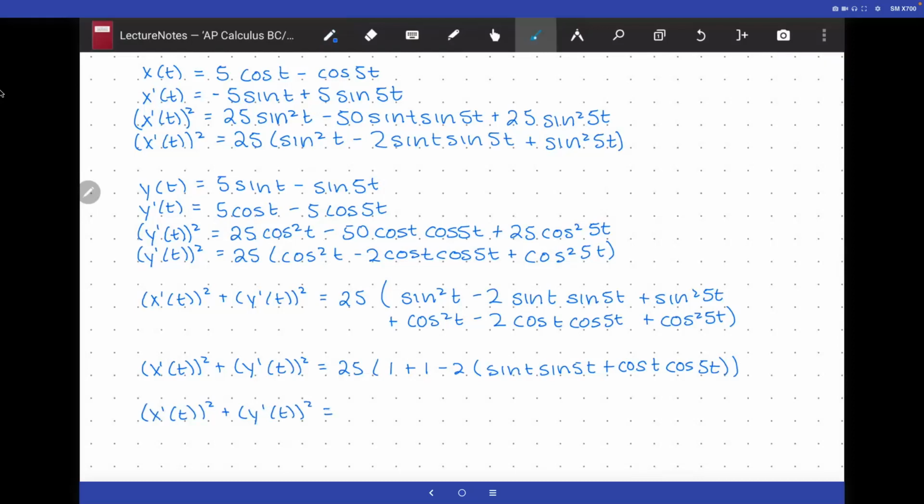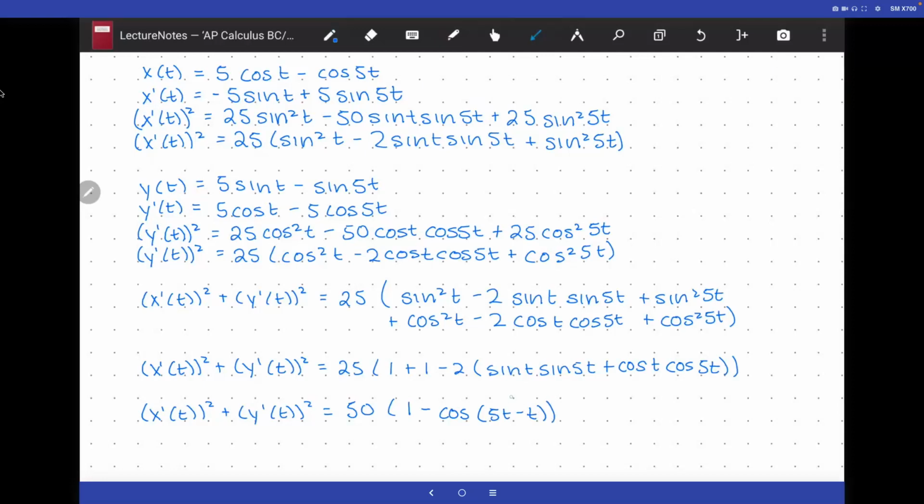I'm also going to do another thing here. 1 plus 1 is 2, obviously. I'm going to factor out a 2 and put it with a 25. So we'll have 50 and then 1 minus, and that'll be cosine 5t minus t. And remember, cosine is an even function.